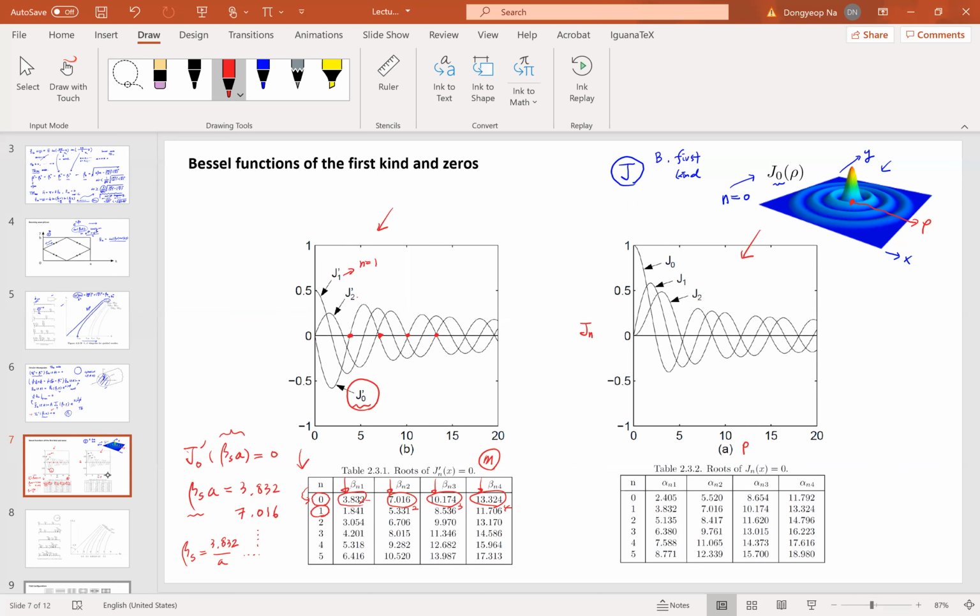So this mode is called TE, n is equal to 0 and m is equal to 1, just because this is the first crossing when n is equal to 0. Likewise, this is going to be the TE02 mode.